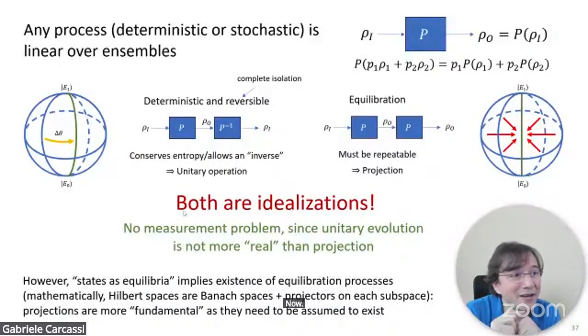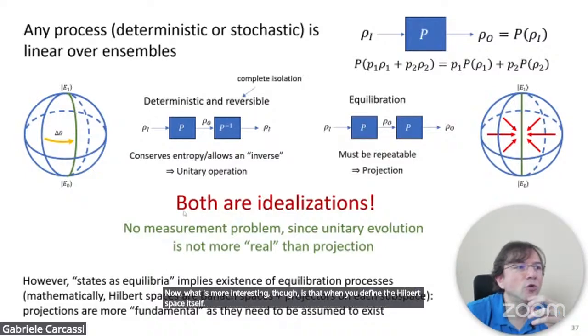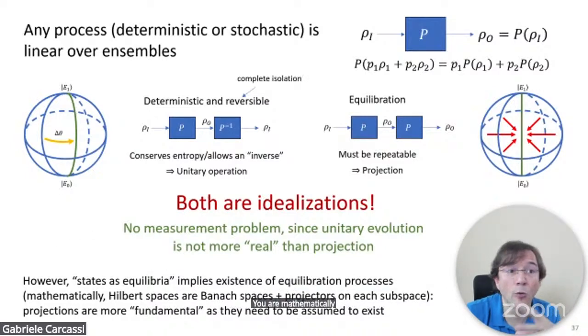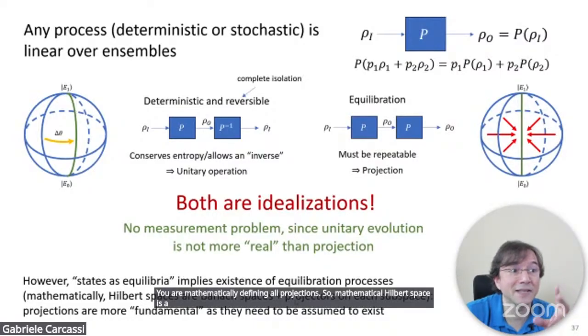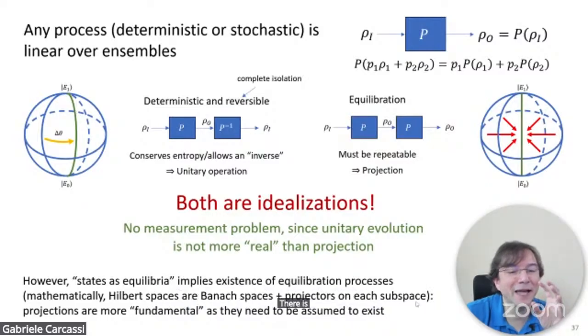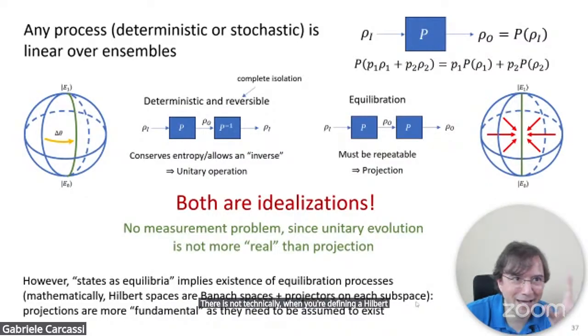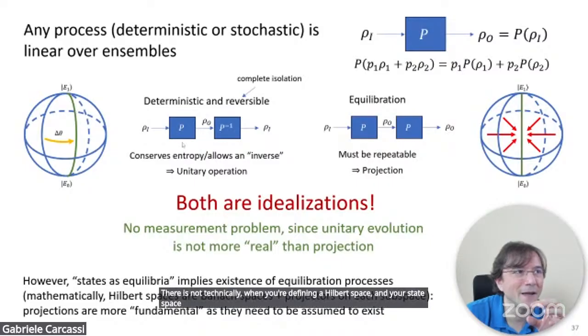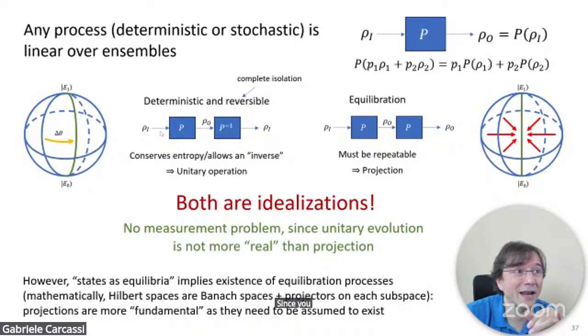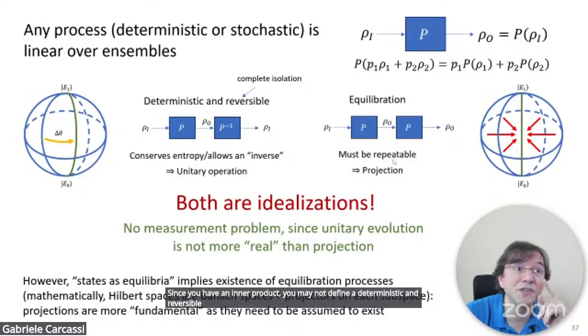Now, what is more interesting, though, is that when you define the Hilbert space itself, you are mathematically defining all projections. So a mathematical Hilbert space is a Banach space plus the projector on each subspace. So technically, when you're defining a Hilbert space and your state space in quantum mechanics, since you have an inner product, you may not define a deterministic and reversible evolution, but you are always defining the equilibration.